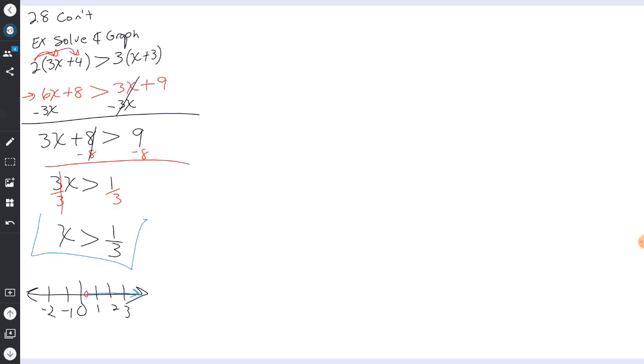Hey, Mr. Hope, she has a question. Yeah, I'm just not understanding how you got the 1/3. Okay. So at this point, we had 3x is greater than 1. So we had to divide off the 3 on both sides of the inequality.